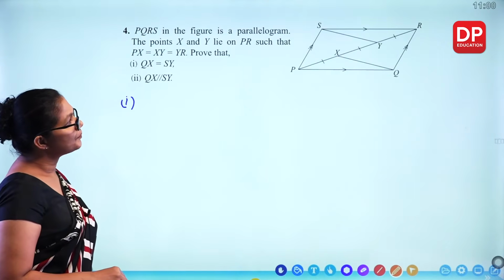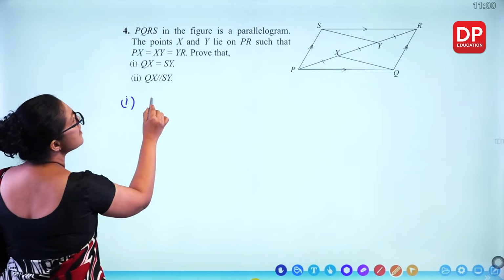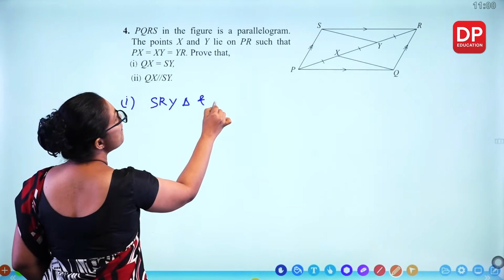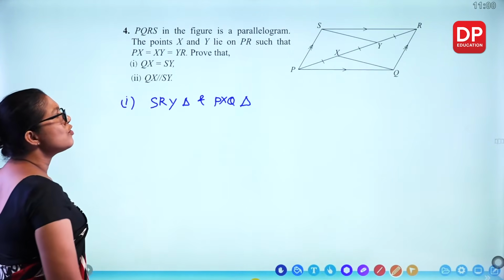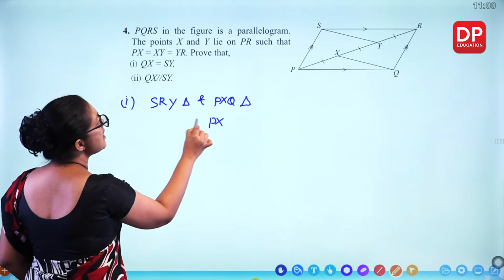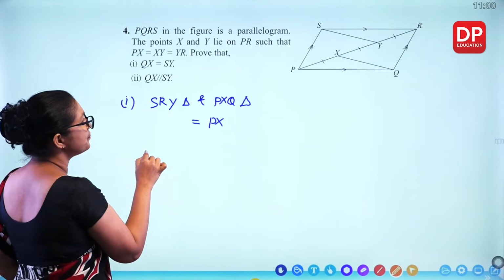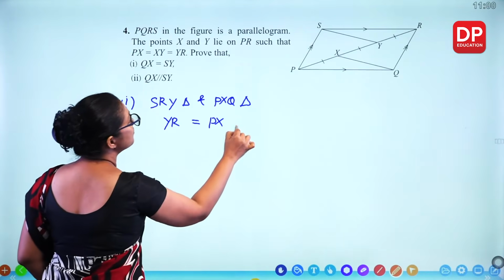We'll take again two triangles, SRY triangle and PXQ triangle. When you take those two triangles, we know PX is equal to YR. That's given.